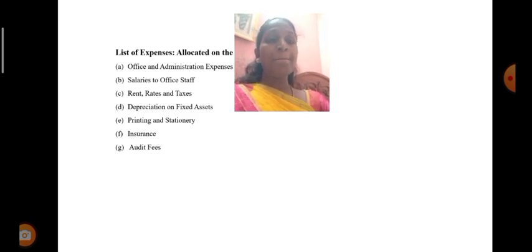First, office and administration expenses, salaries to office staff, rent, rates and taxes, depreciation on fixed assets, printing and stationery, insurance, audit fees.